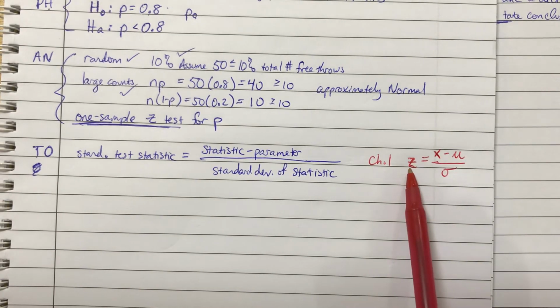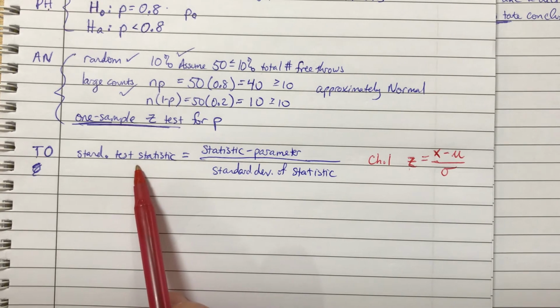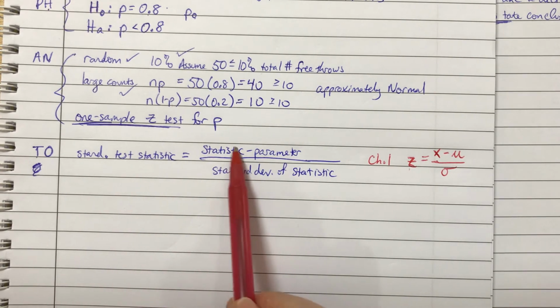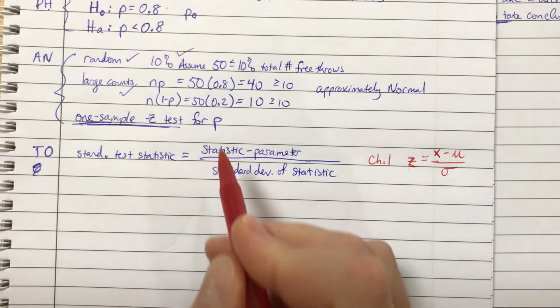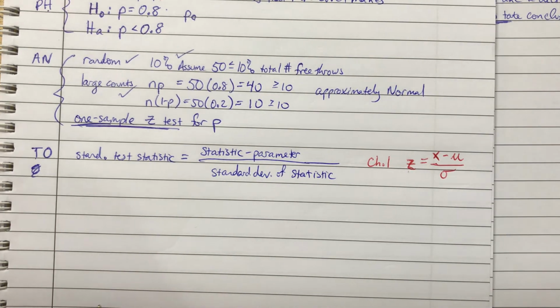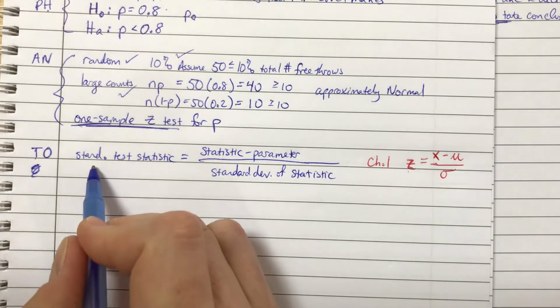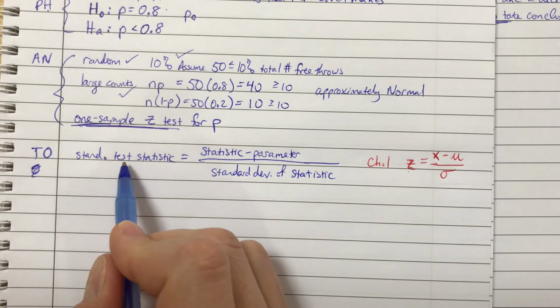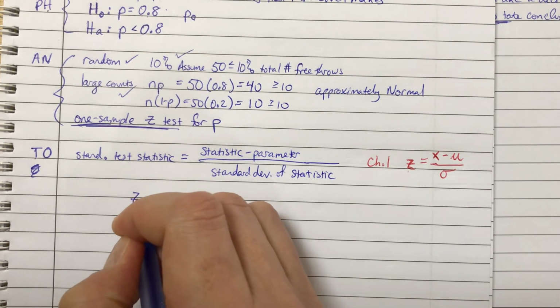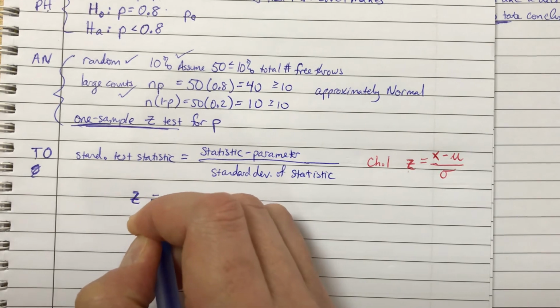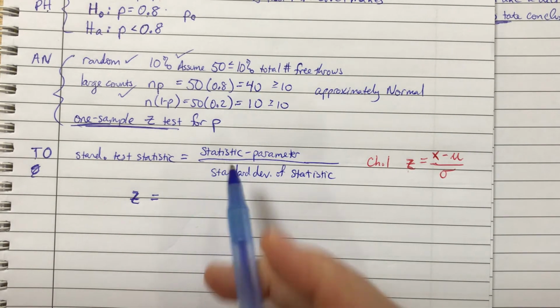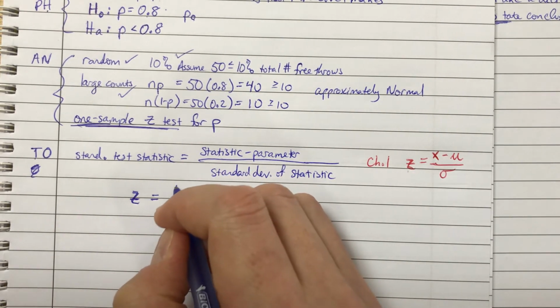And what that gives us is a z-score. Well, that is exactly what we're doing here. Now we're taking the statistic, that is our p hat. Okay, so I'm going to write this now. The standardized test statistic is z equals the statistic, that is our sample proportion.